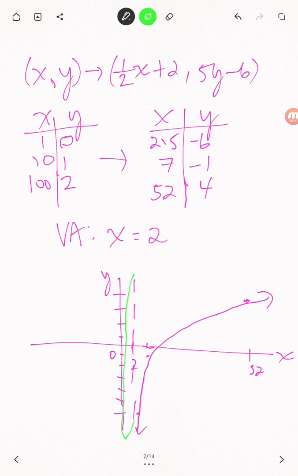My graph is vertically stretched by a factor of 5, so it looks kind of longer this way, stretched out. It is moved 2 units to the right, that's the vertical asymptote, and then 6 units down. The 6 units down you can't really detect so much in the way the graph looks.